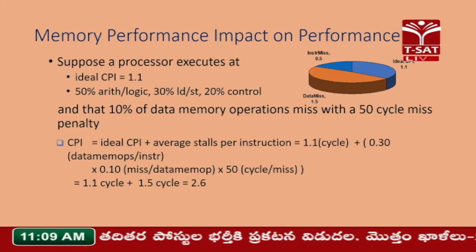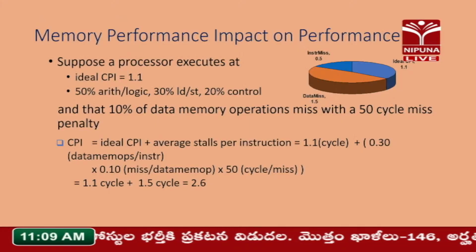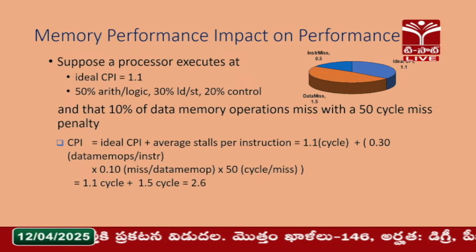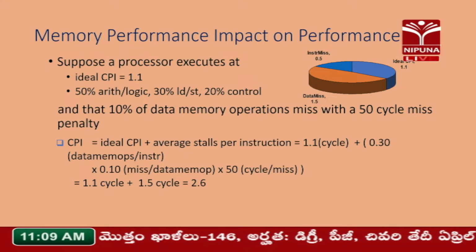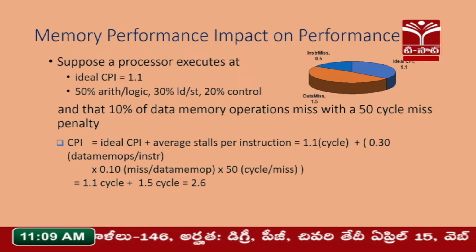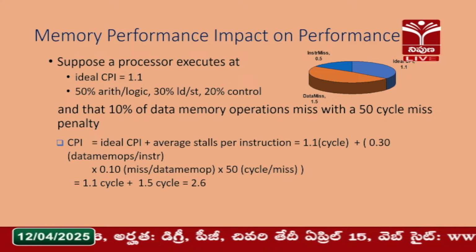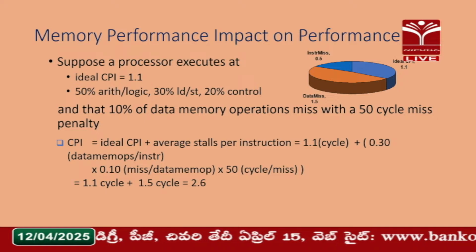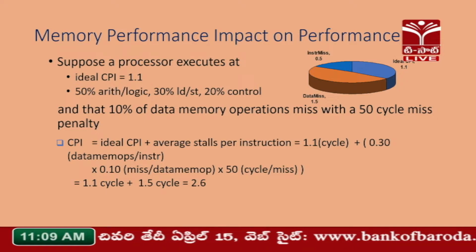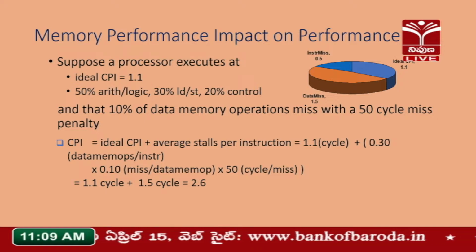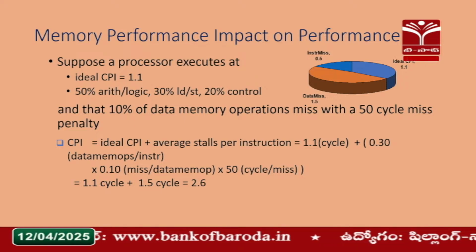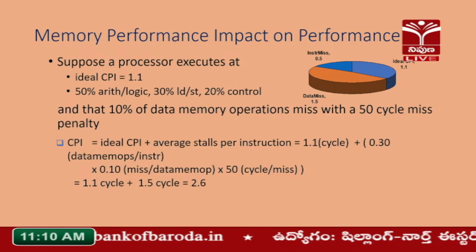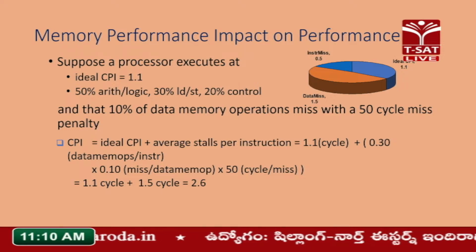So if you do that and fit that into our CPI equation, you have an ideal CPI, which is 1.1, and then you have the average stalls per instruction. The average stalls per instruction is derived from the operation. So you have 30%, which is 0.3 data memory operations, load store, and within that you are saying 10% of them have an IO dependency of 50 clock cycles.